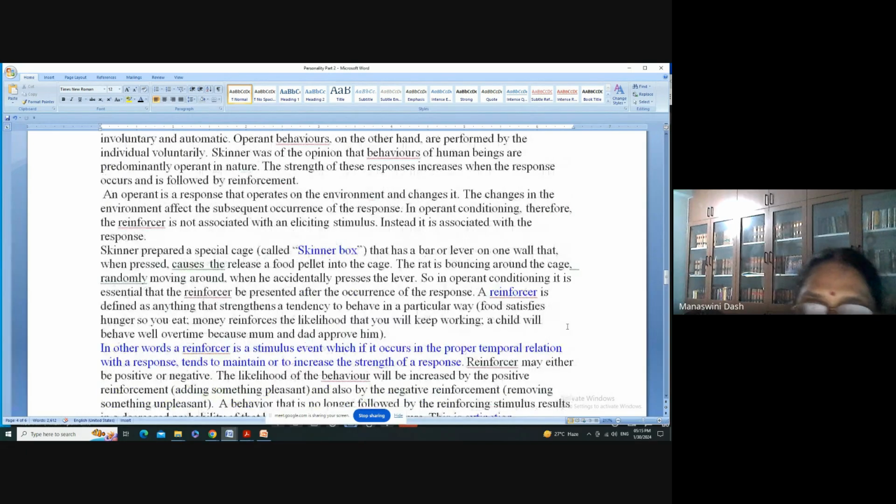Or we can say reinforcement is given. A reinforcer is defined as anything that strengthens a tendency to behave in a particular way.